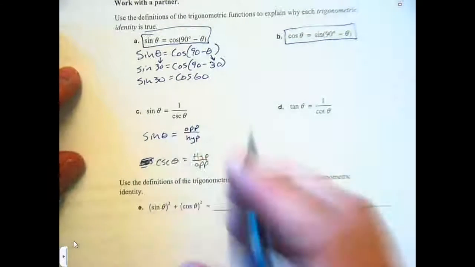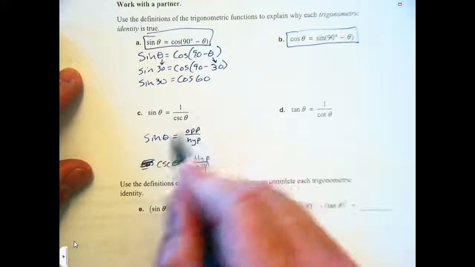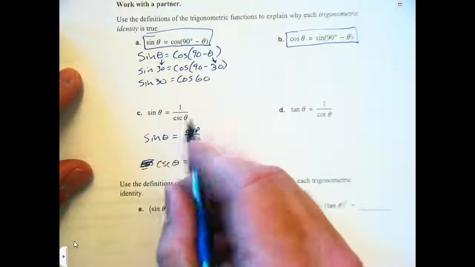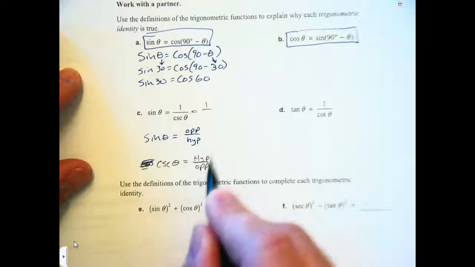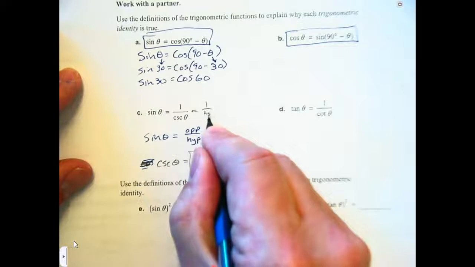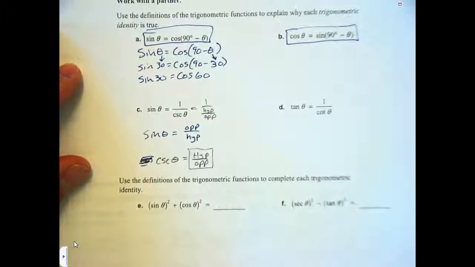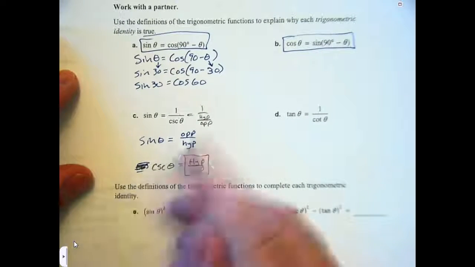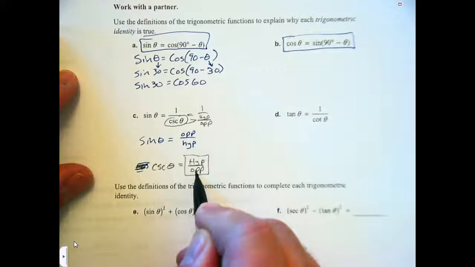All right, 1 over cosecant. For those of you who don't get this, this just means the reciprocal. If I say 1 over cosecant, that would be the same as saying 1 over hypotenuse over opposite. Everyone with that? We just plug in hypotenuse over opposite for cosecant.